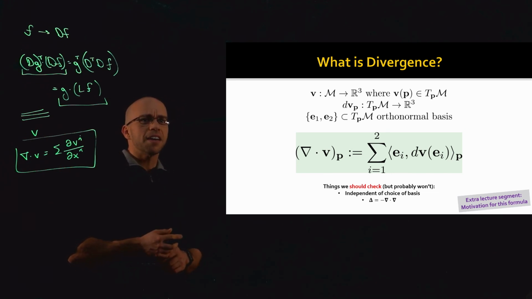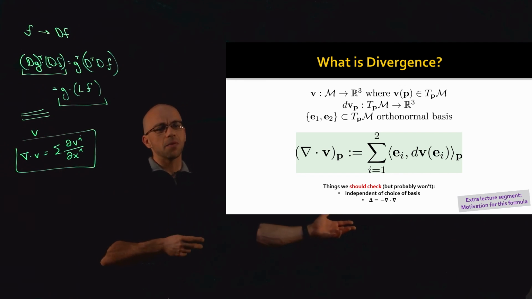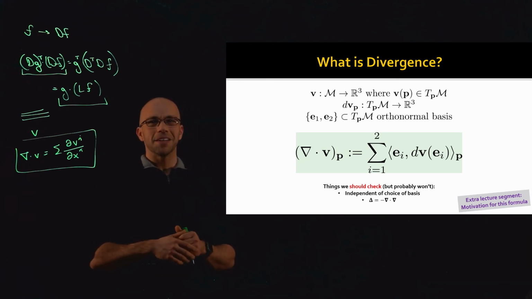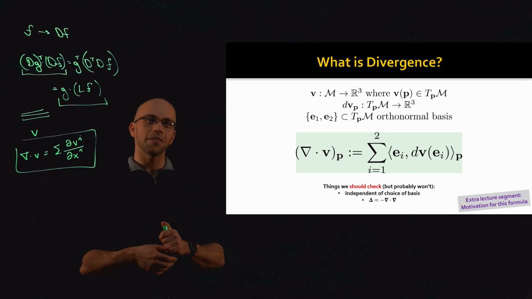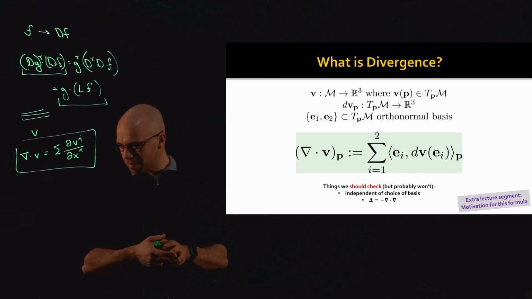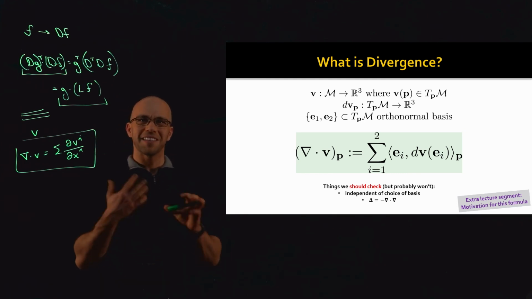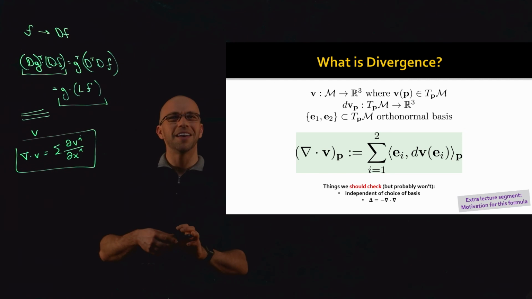So in the additional lecture segment that I'll record, essentially I'll give you a motivation for this formula from the ground up, where we're going to do a derivation that shows you that this is a reasonable definition of divergence on a surface and that it should satisfy some version of integration by parts. But we're going to defer on that until our extra lecture segment because it's another lengthy calculation, and I think we've done enough of those.